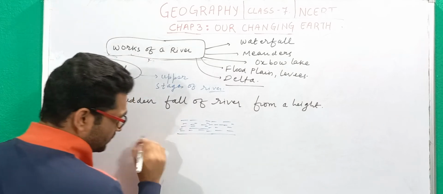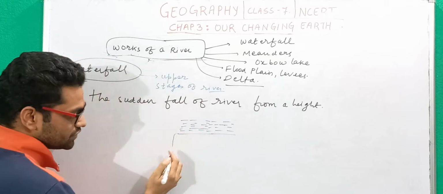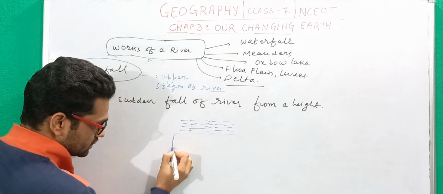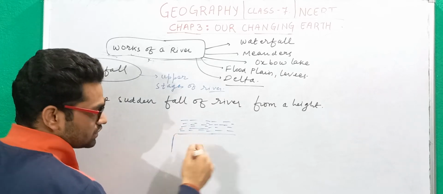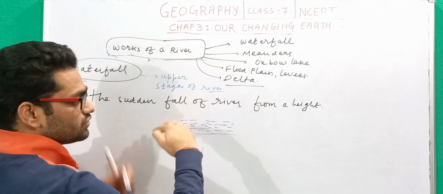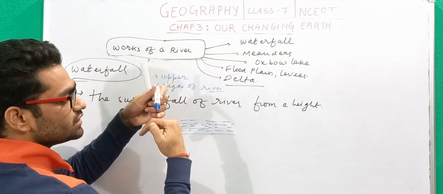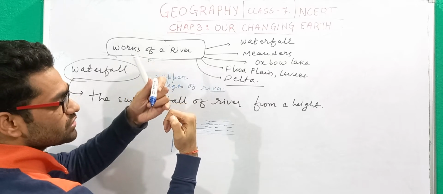Now what happens is that the rock on which the river was flowing suddenly gets a steep slope. Suddenly the rock over which it was flowing gets a surface like this.